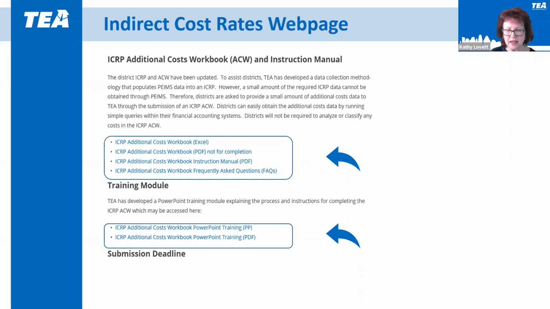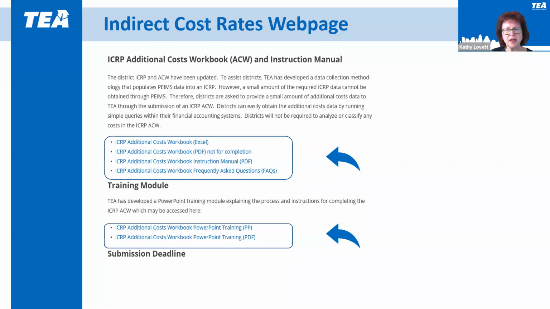There's an Excel version and a PDF version there for your use. There's also an instruction manual and a frequently asked questions document. And then there's a copy of this PowerPoint training module, both in PowerPoint form and in PDF format. So these are the resources that we'll be focusing in on today.